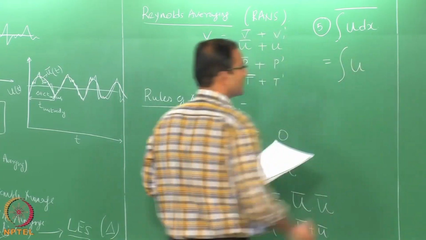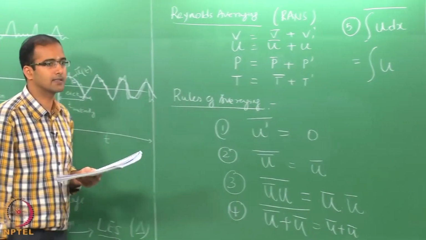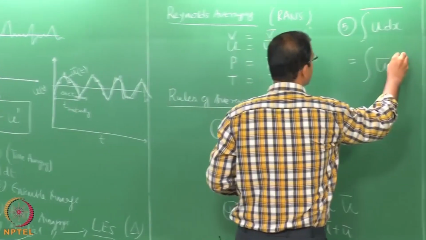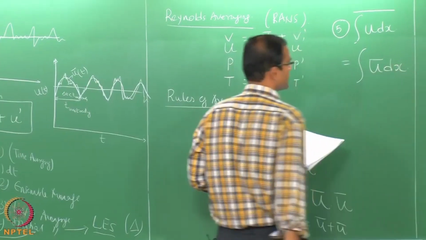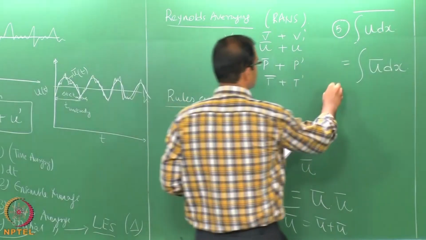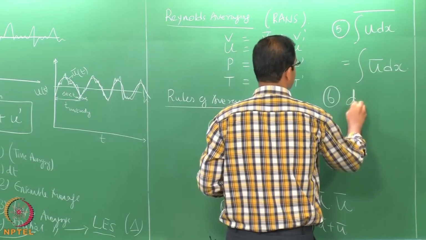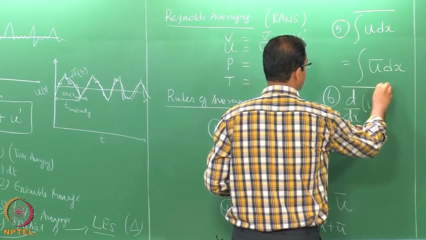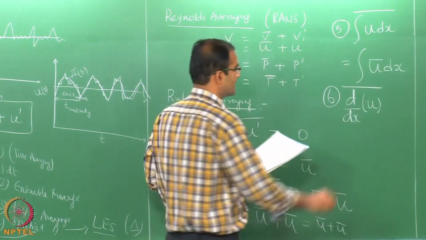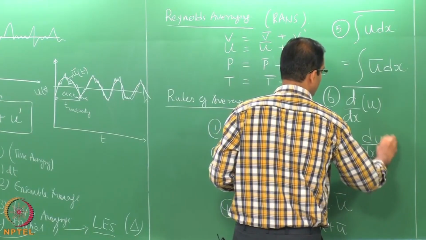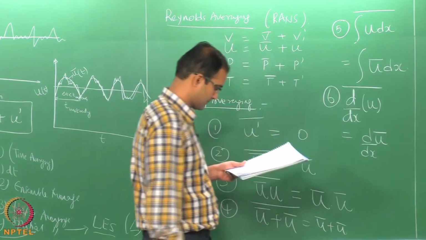If I apply the averaging to the instantaneous component, it returns the mean, so integral u bar dx. The same thing can be applied to the differentiation operator also. If I say d by dx of u and then I apply the mean to this entire thing, it will return d by dx of u bar.